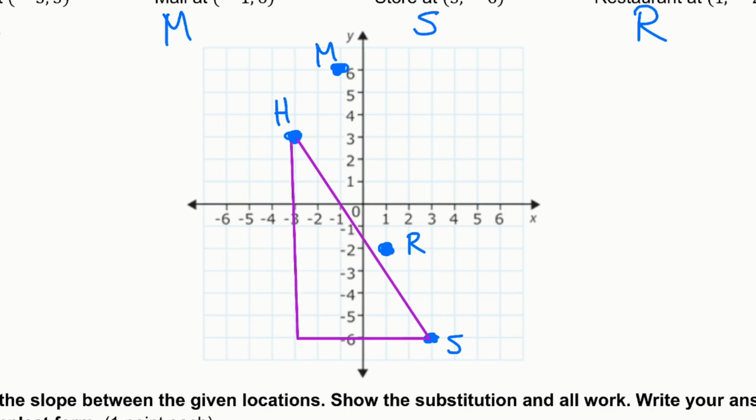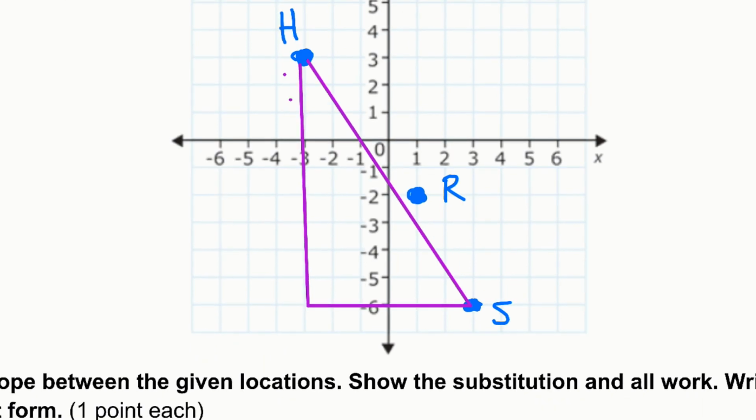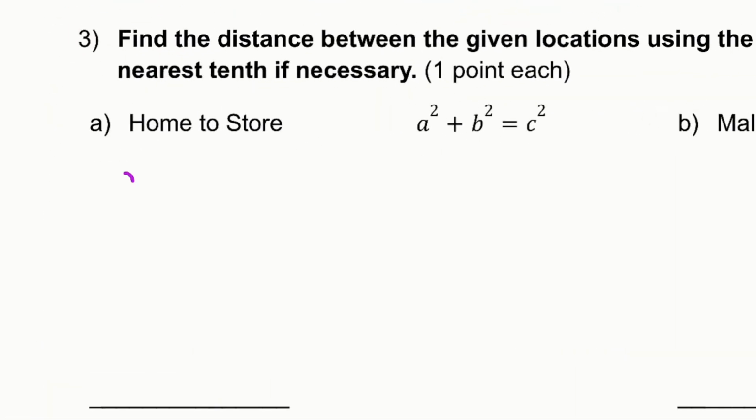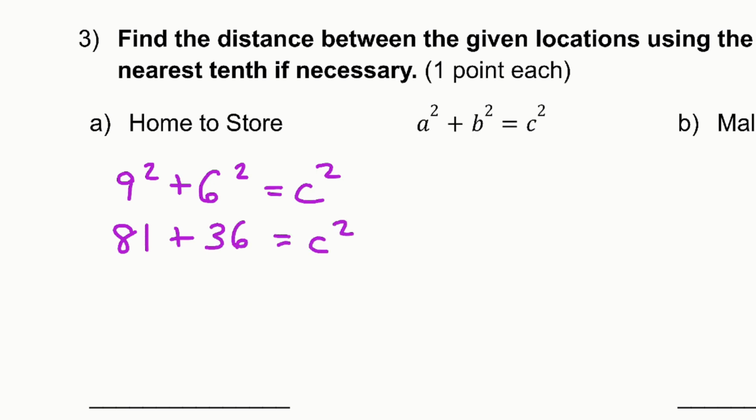So in order to find your legs, your A's and B's, just count 2, 3, 4, 5, 6, 7, 8, 9. So that leg is 9. 1, 2, 3, 4, 5, 6. This leg is 6. So this will end up being 9 squared plus 6 squared equals c squared. 81 plus 36 equals c squared. 81 plus the 36 is 117.